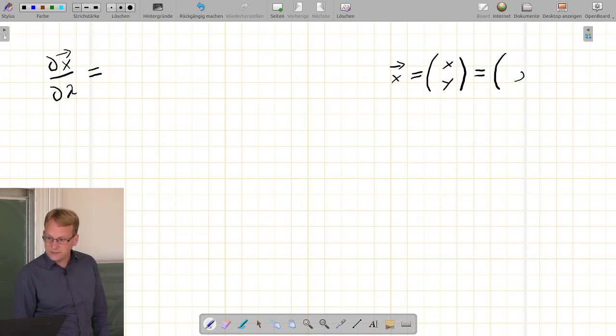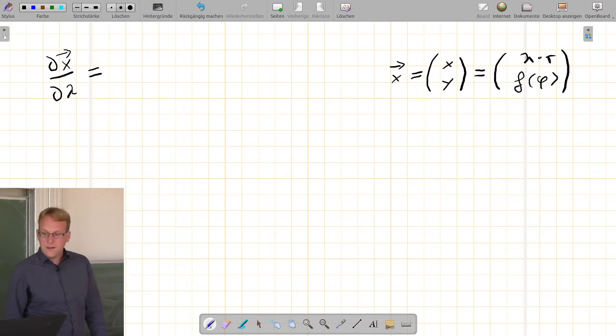We have something like this: this is f of phi, and here we have lambda times r. So that is what we know, the same for every cylindrical projection. And because we want, from the family of cylindrical projections, one that is aspect ratio preserving, that is kind of our requirement.